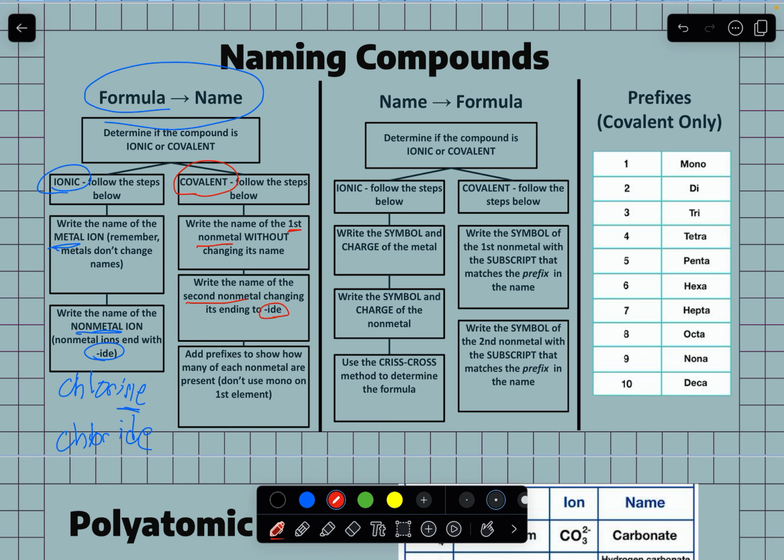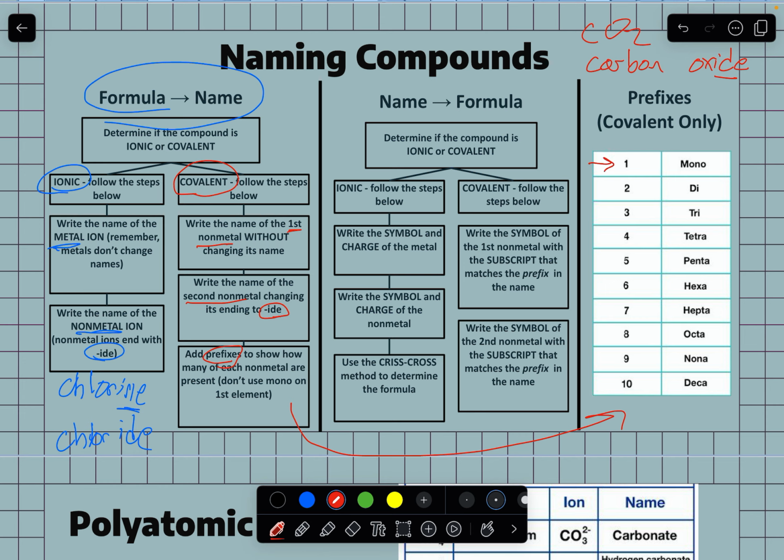The way this is going to be different is we're going to add prefixes. And remember, your prefixes are over here on the right. Okay, so for example, if we have CO2, right, we have one carbon. So I'm going to start with carbon. And I have two oxygens. The oxygen becomes oxide with the IDE ending. And then we're going to add our prefixes. For carbon, we only have one, right?